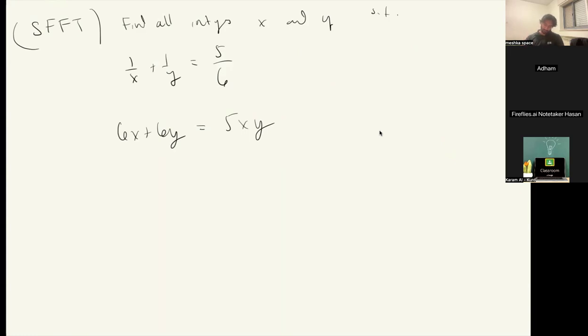If I didn't know this trick, I would have no idea how to do this problem, but anytime you have some kind of quadratic term and linear terms, you can do this.